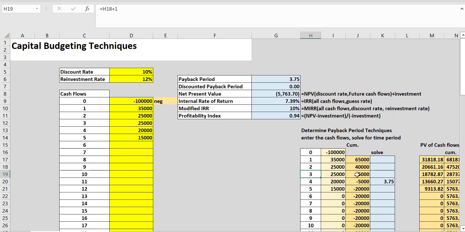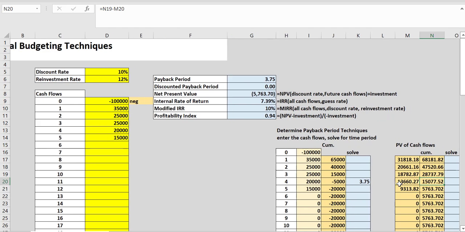So the proportion you take is 15,000, how much we still need to recover, divided by the amount that we're going to receive in this last year of the payback period. So 15,000 divided by 20,000 is 0.75. So the payback period, once we calculate here, is 3.75 years.